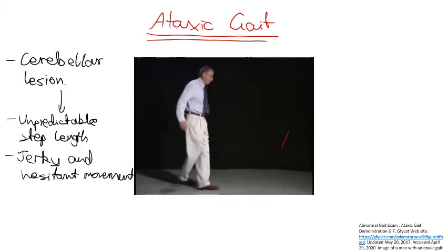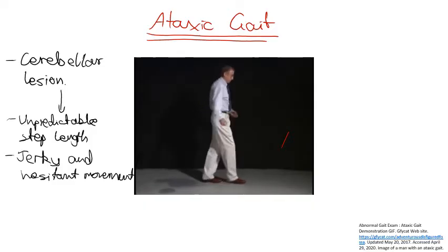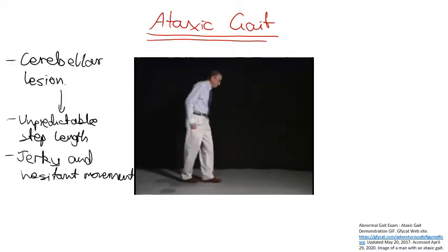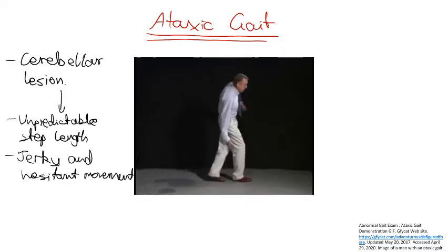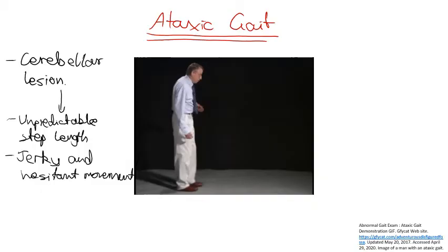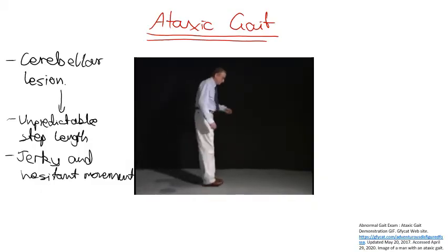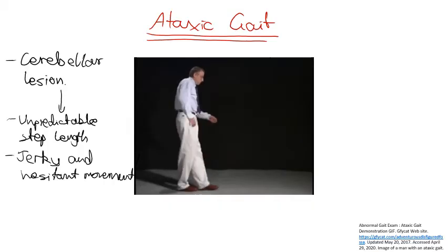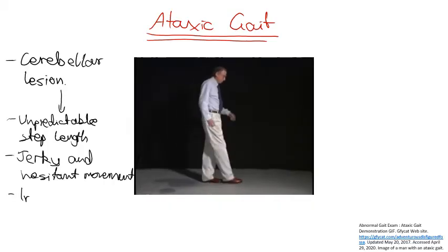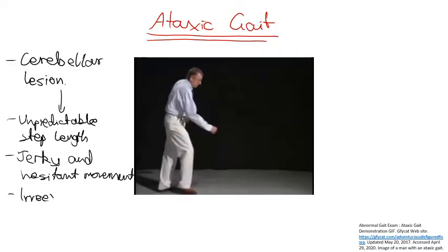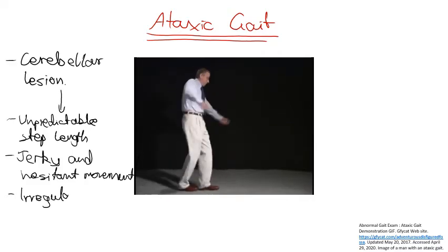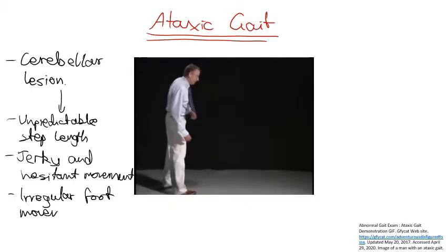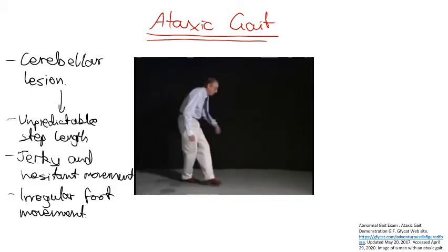So unlike the three types of gait that we've looked at in the previous images, which had a constant pattern of either having heel strike or not, in this case, this person is really only stepping on the ground with pretty much any part of their foot. So there is no regular foot movement, so irregular foot movement and placement is present.